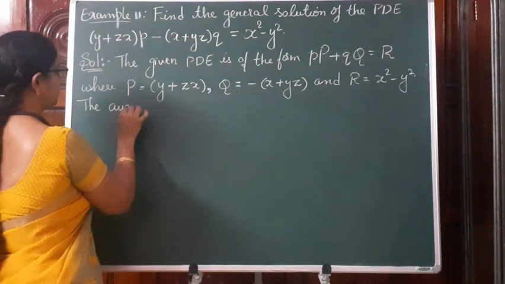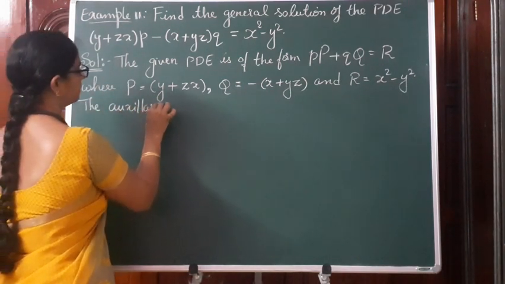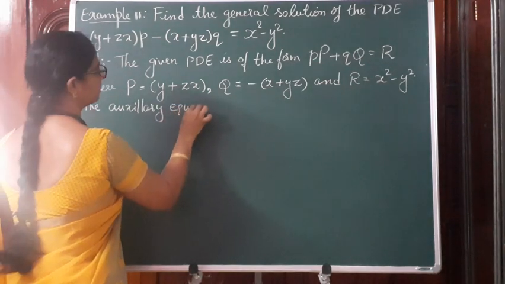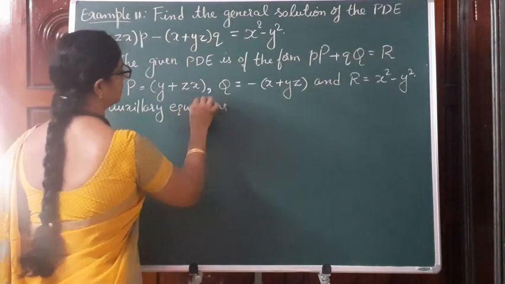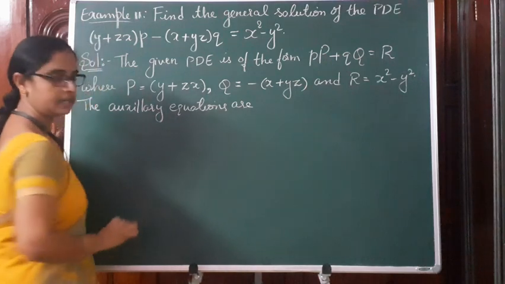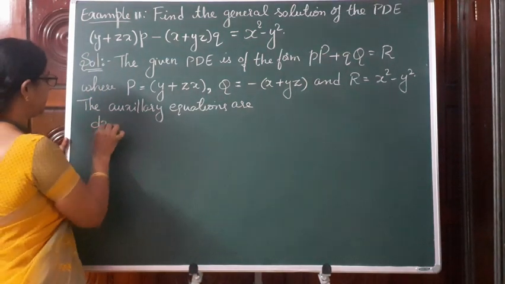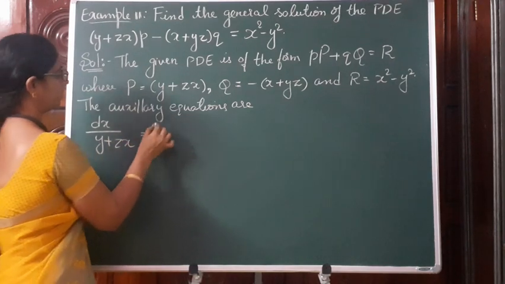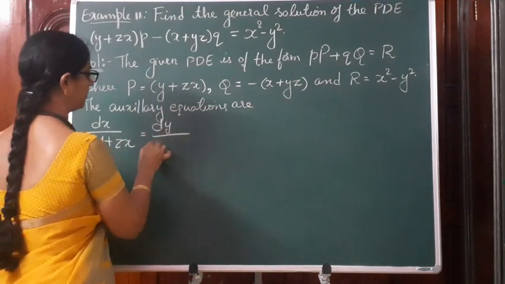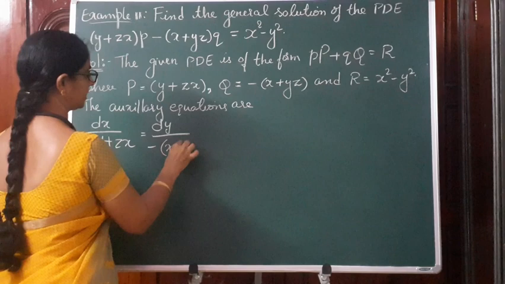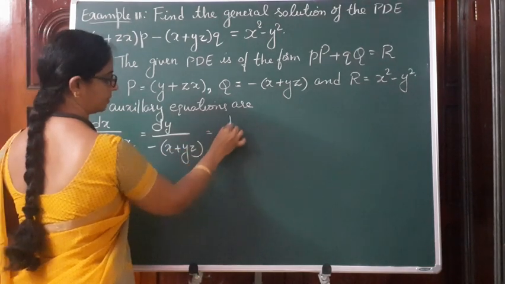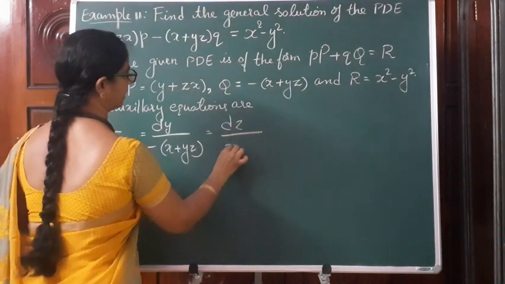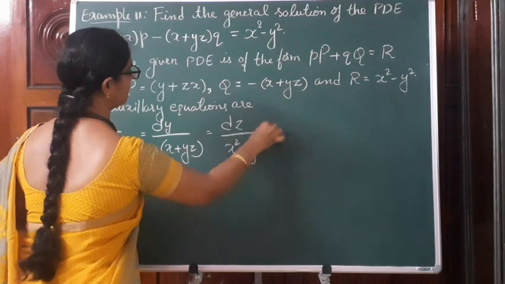The auxiliary equations are: dx by P, that is dx by (y plus zx), is equal to dy by Q, that is dy by minus of (x plus yz), is equal to dz by R, that is dz by (x square minus y square).